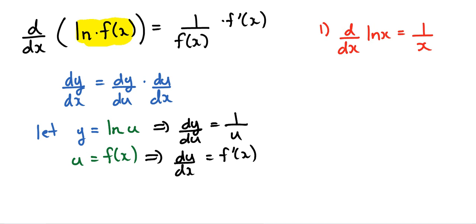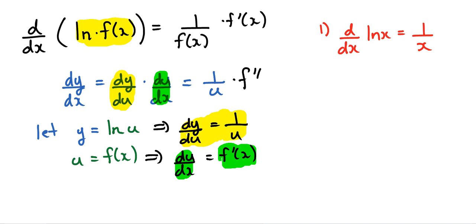After that I go back to my definition of the chain rule. Where's dy by du? Well, that's just this statement right here, so that's going to be 1 over u, and then I have du by dx, which I replace by f prime of x. Then ask yourself, what is u?